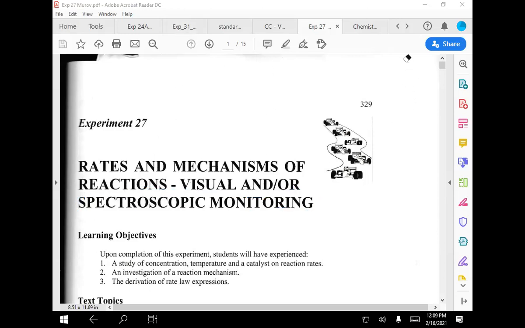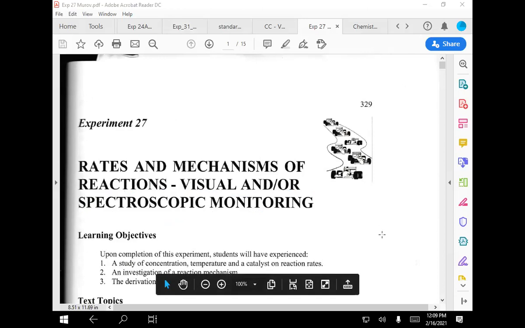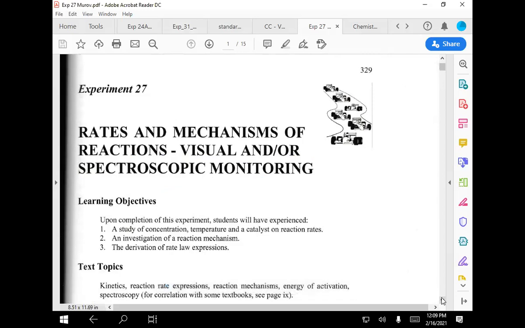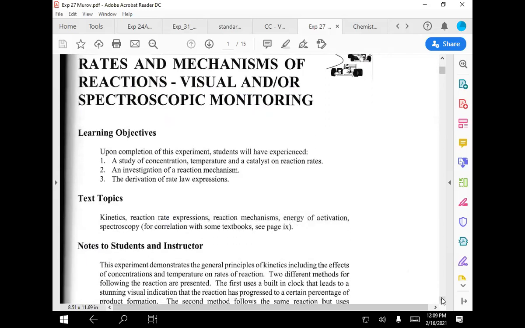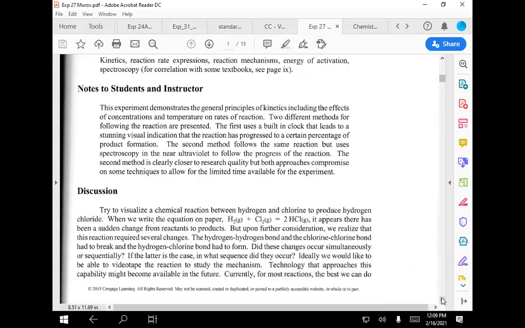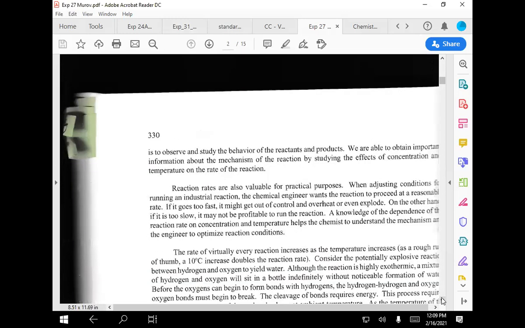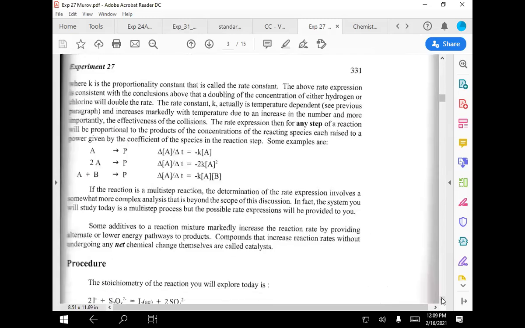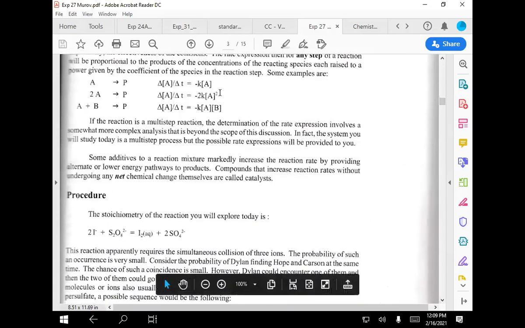We have desktop spectrophotometers just sitting there doing nothing, unfortunately, but we're going to pretend. So you have the same learning objectives. We have the same possible mechanisms. So we are still exploring the same reaction.